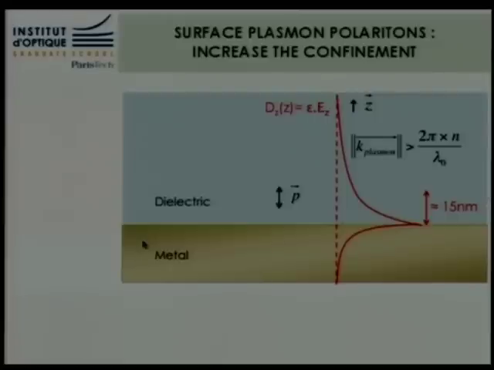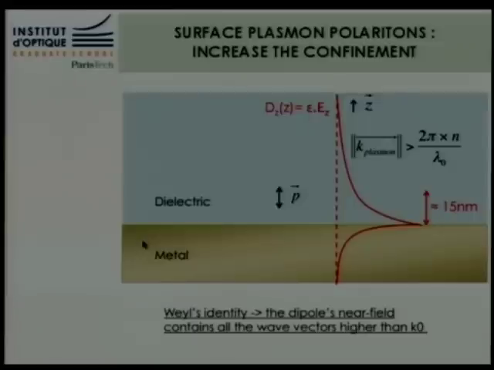And it works for a dipole close to the interface, because the near field of the dipole can be seen as a sum of evanescent waves with very high wave vectors.